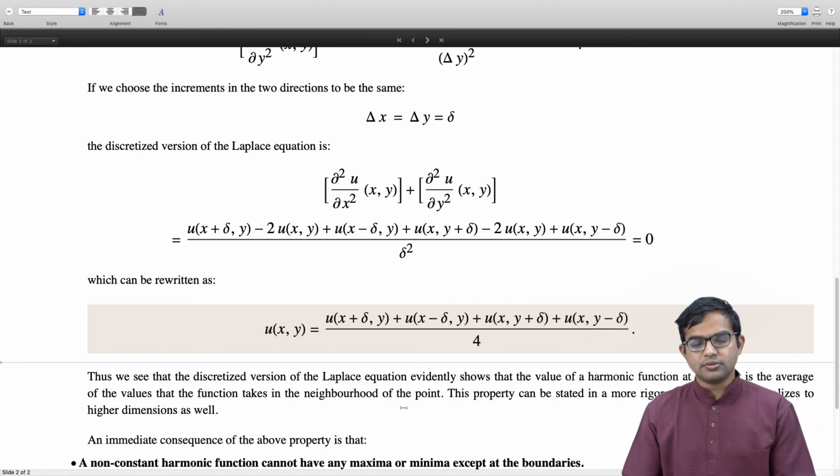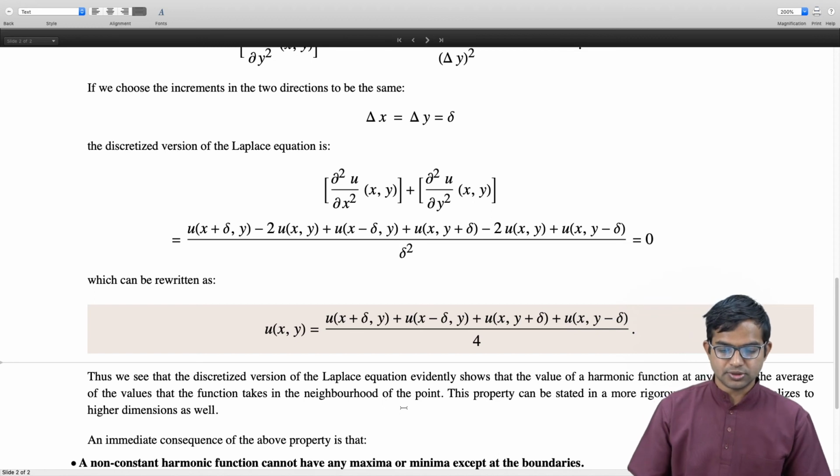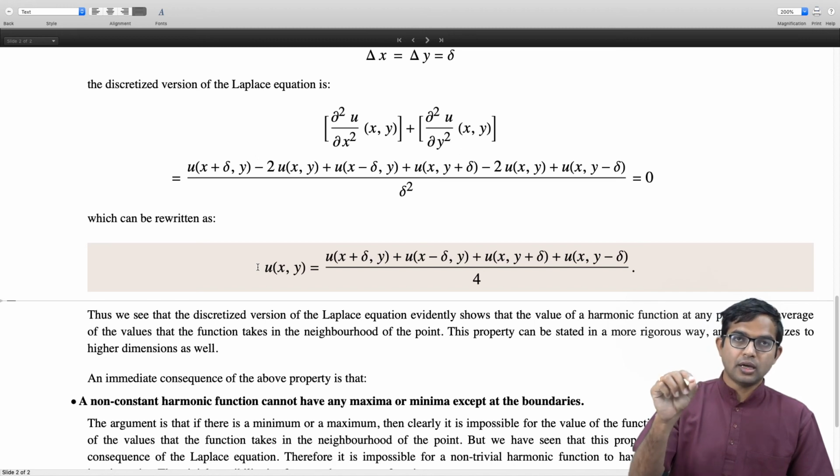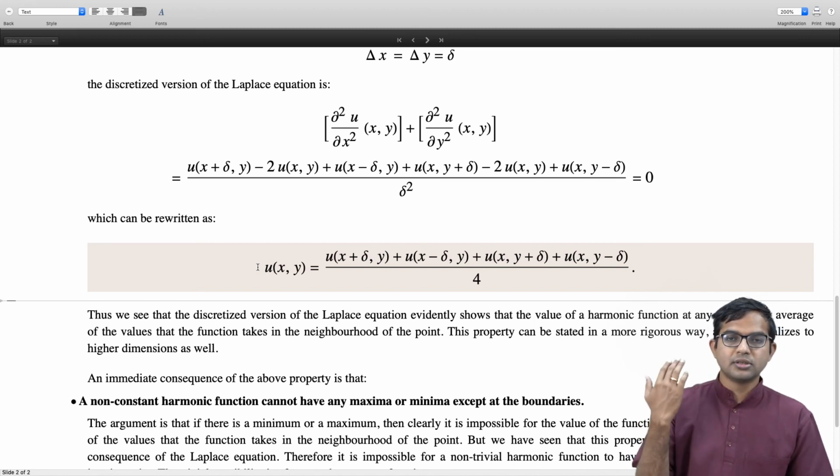So yeah, you can think of a consequence of this as the next property, or you can also think of it in the other direction. Both are really equivalent to each other in some sense. So the fact that every point's value is equal to the average of its nearest neighbors immediately implies that there is no chance that this function can have any maximum or minimum in the bulk, right?